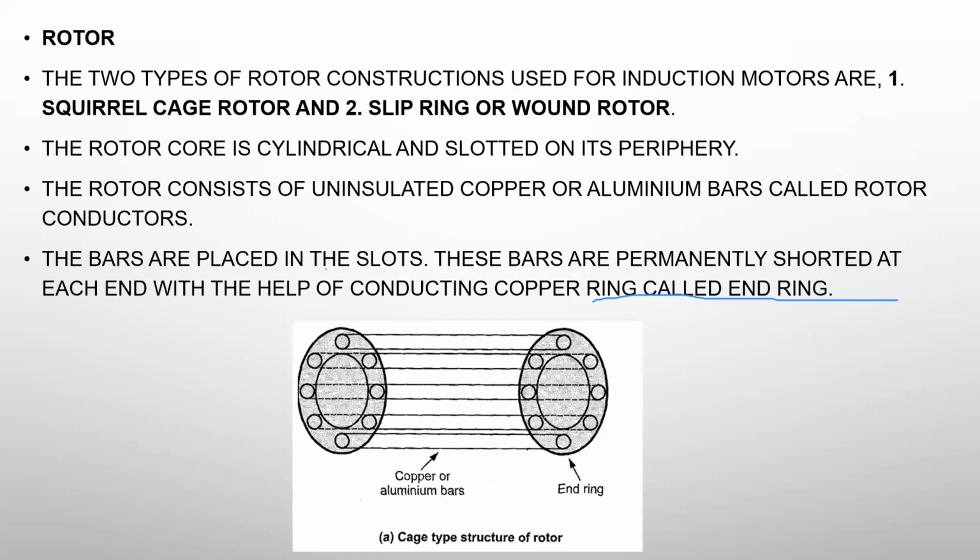The rotor copper bars are shorted like this, and aluminum end rings are there. The rotor core is cylindrical and slotted. The rotor consists of uninsulated copper or aluminum bars.